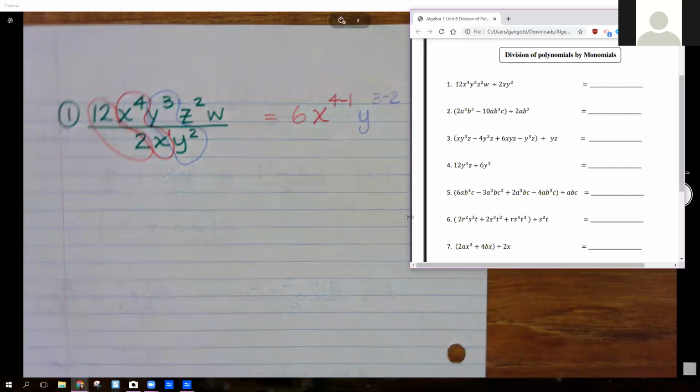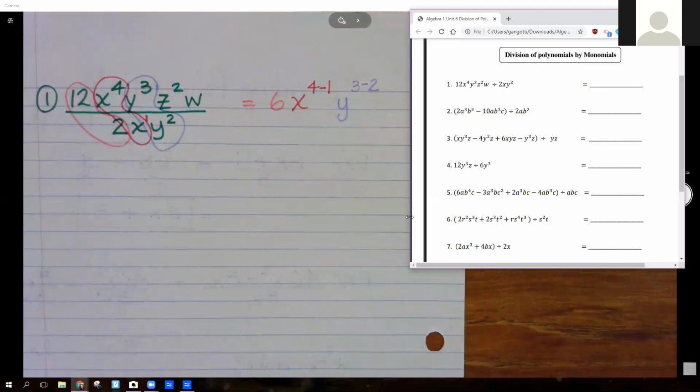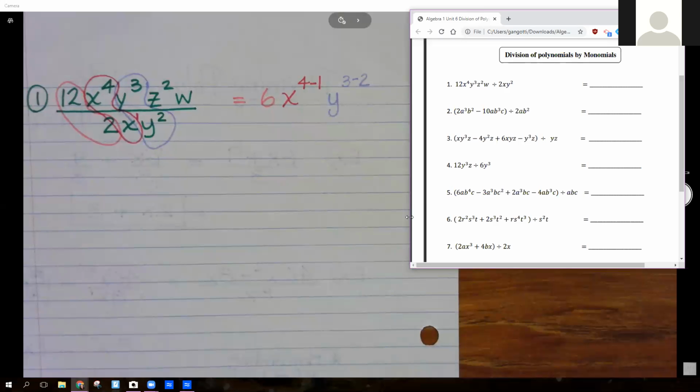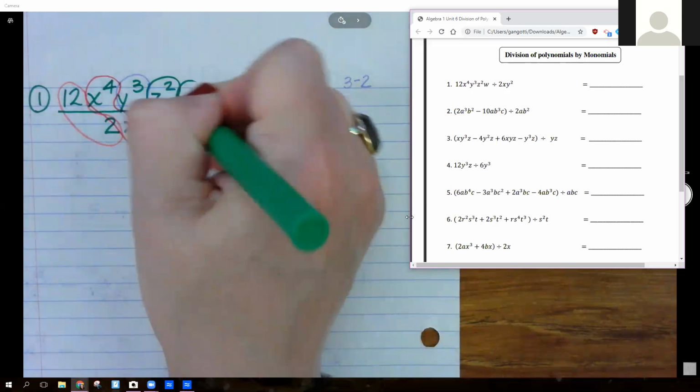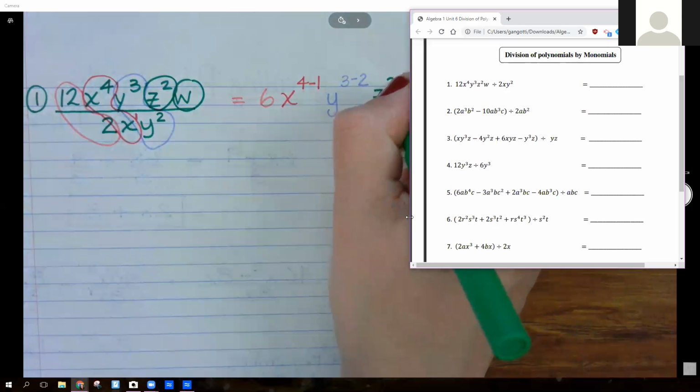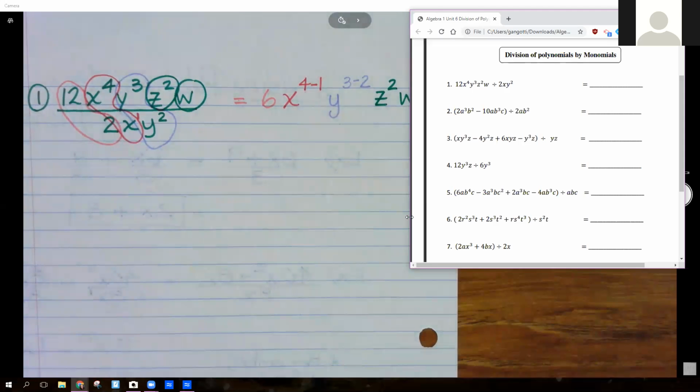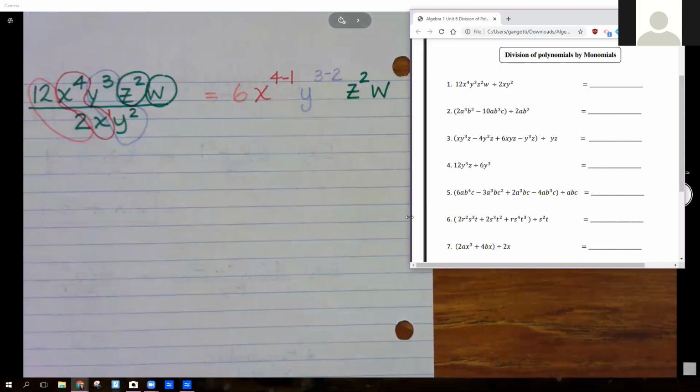Now notice, we don't have any z's in the denominator. We don't have any w's in the denominator. So actually, that just makes your job even easier. All you're going to do is copy down this z squared and this w on the back of your answer, because there's no way to divide that any further because we don't have anything in the bottom that would go with the z's or the w's.